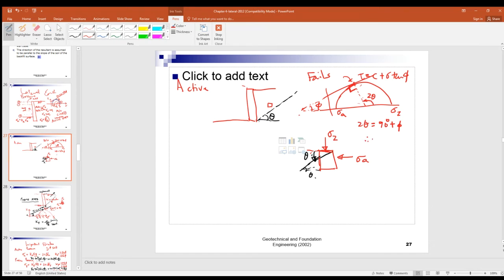Okay, therefore, theta equals to, right? So here is equals to, okay?